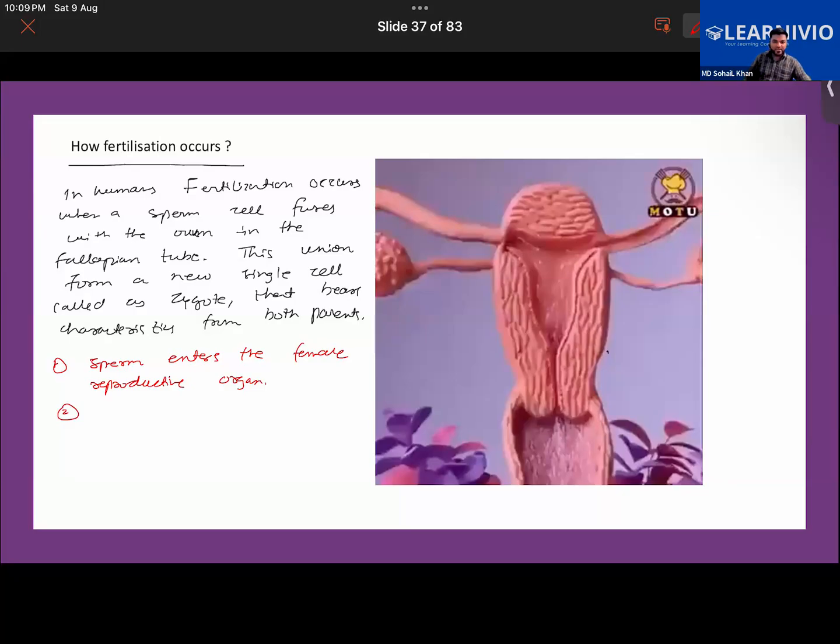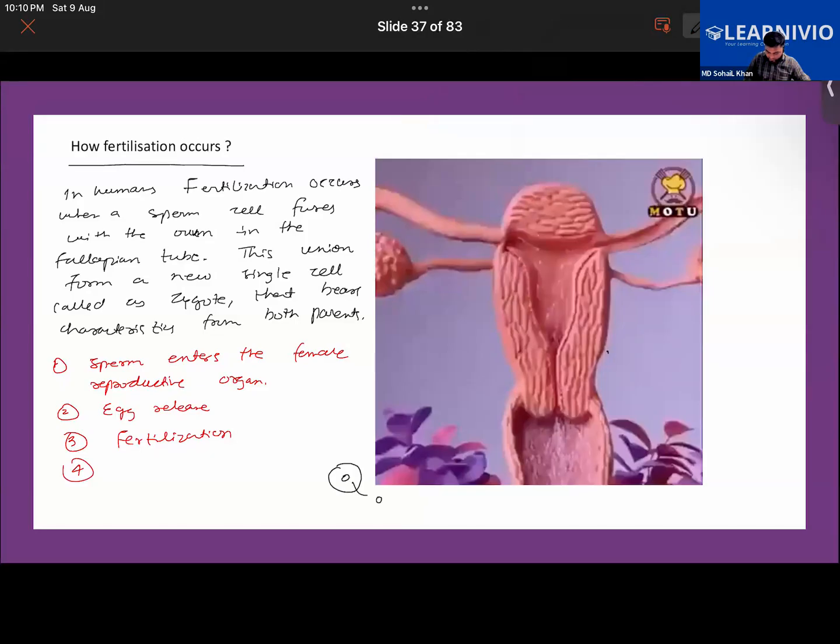So the second thing will be the release of the egg simultaneously. The ovaries will release the egg that will travel to the fallopian tube. Then third, fertilization will happen.